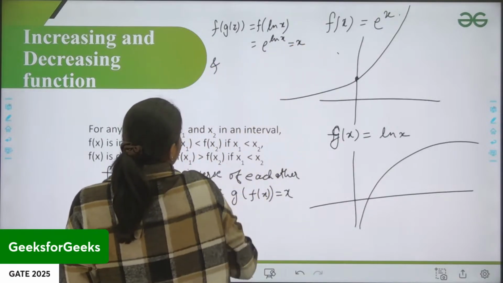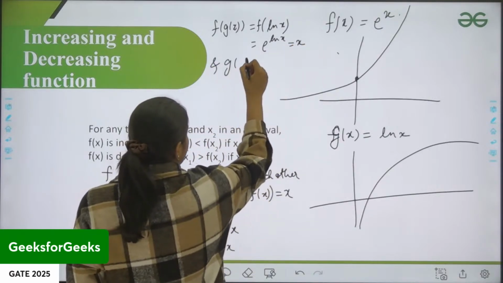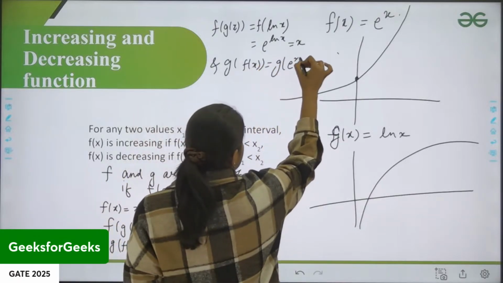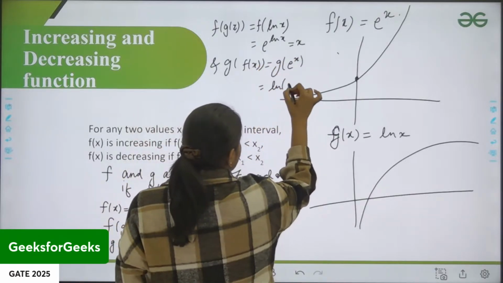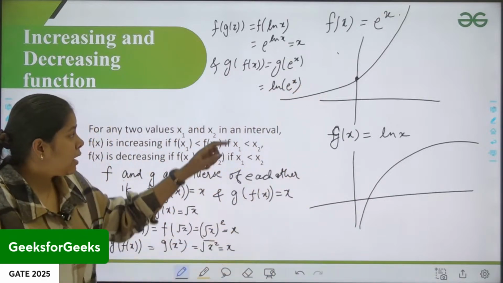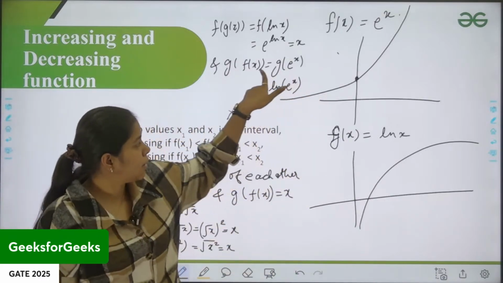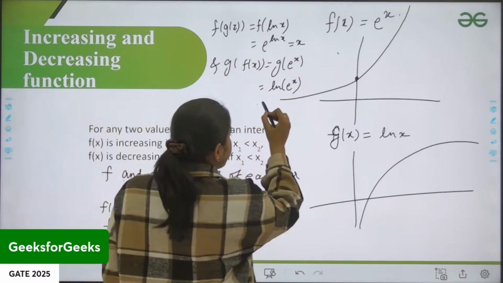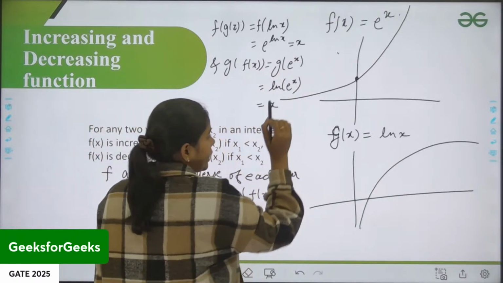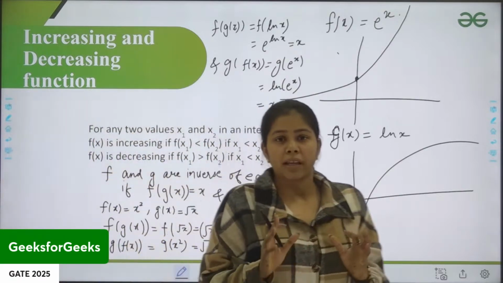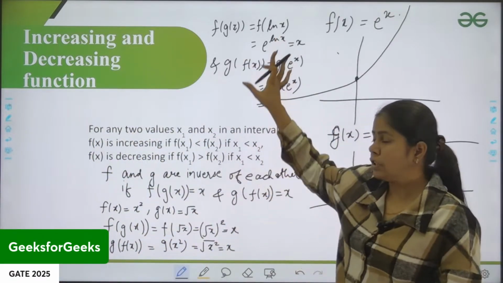And g of f of x is equal to g of e to the power x, that means log e to the power x. Logarithm has the property that if there is something in the power, it comes forward. So it becomes x log e, and log e is 1. So I'll get x. Just remember, guys, e to the power x and log x are inverse of each other.